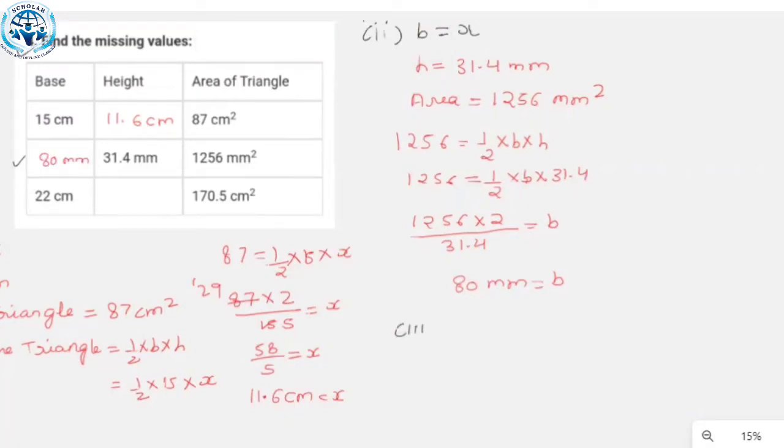Now the third one, where height is not given, base is given. 22 centimeter, height is not given, area is given. Area is 170.5, which is equal to half into 22 into height.